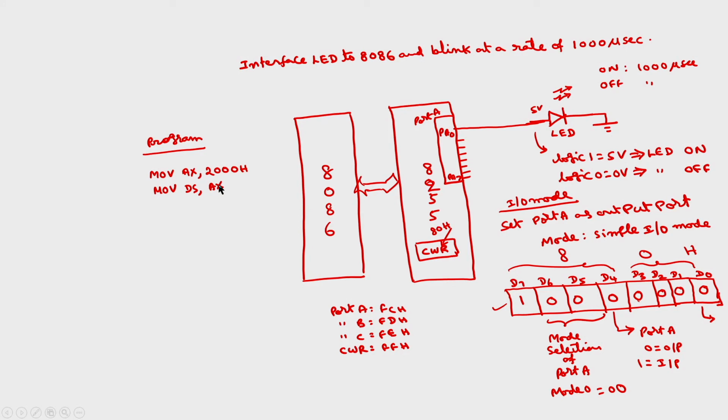Now for IN and OUT instructions, you have to output the data, so you take some data into the AL register. The OUT instruction is OUT port address, comma AL. This will output the data from AL onto the port address specified in the instruction.